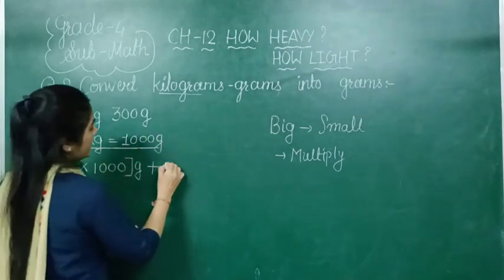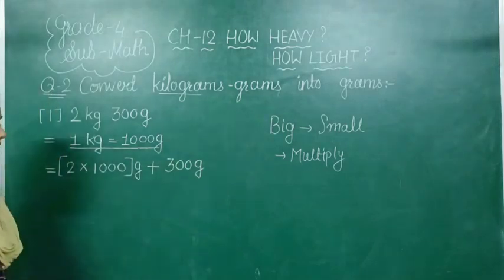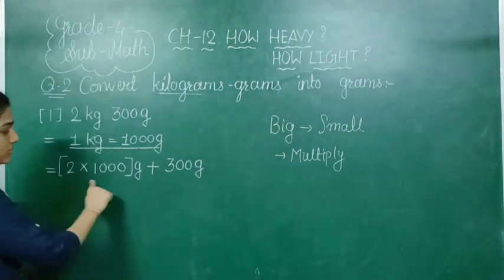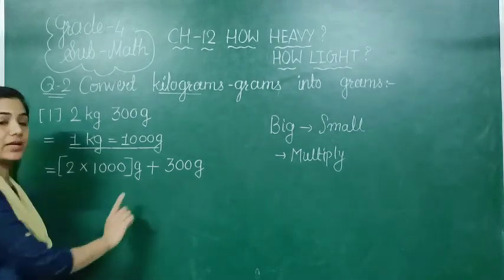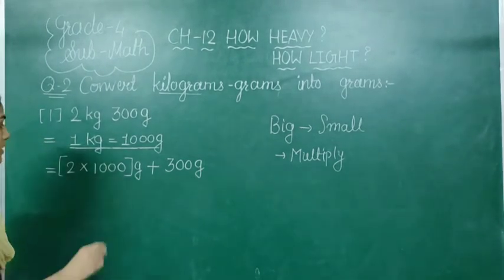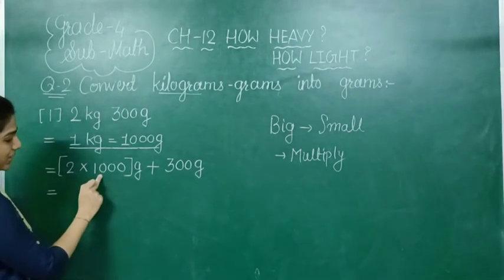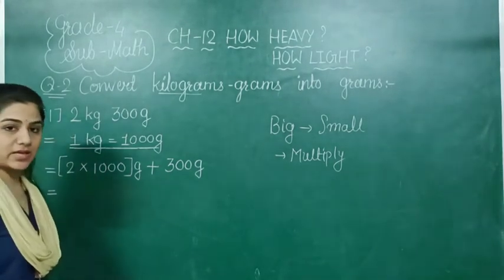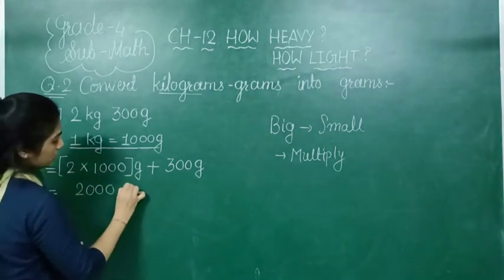Plus 300 gram. See, you can observe that this whole step we have written in gram, means in same unit. Now simplify this, means 2 multiply 1000. So directly you are getting the answer, that is 2000 gram.